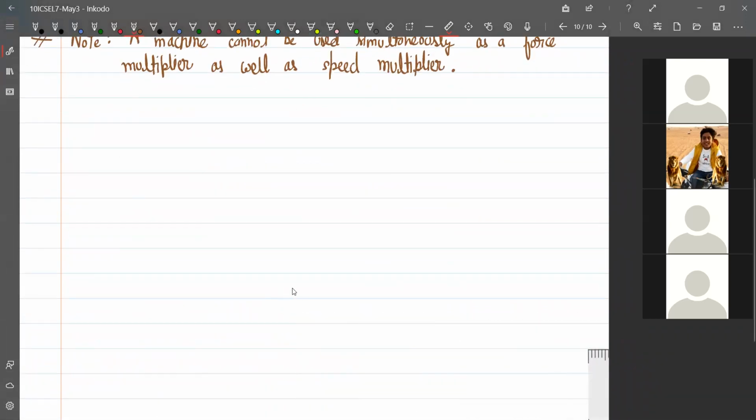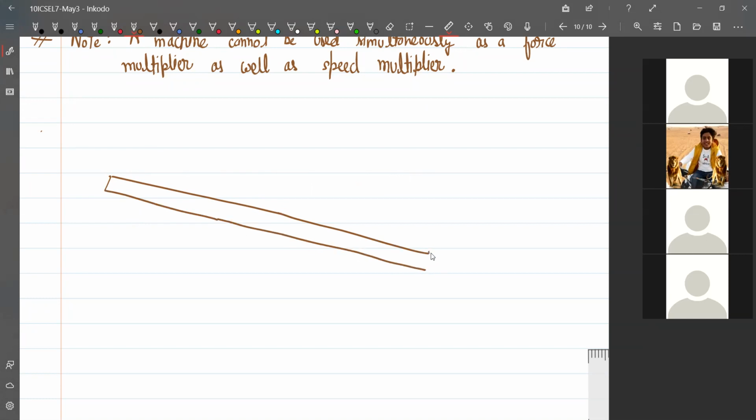Now see, there are some technical terms related to a machine, and we'll take a simple machine and try to define it. So a simple machine that we can take is a scissor or, let us say, you want to lift a load here.